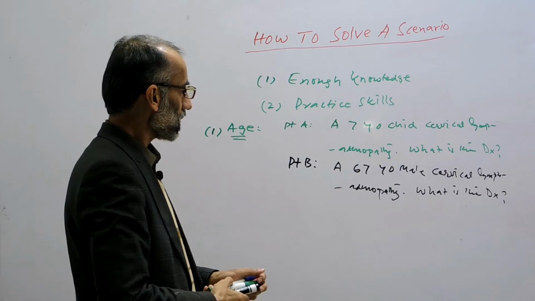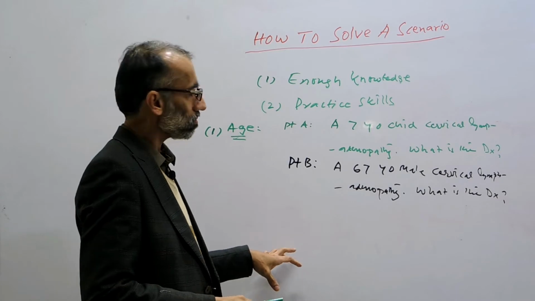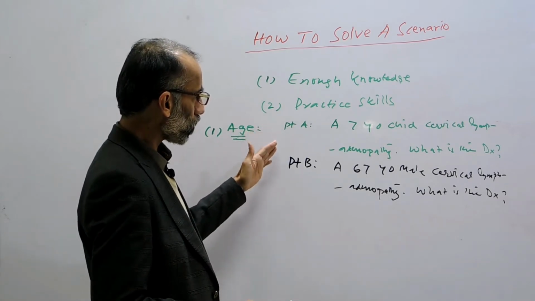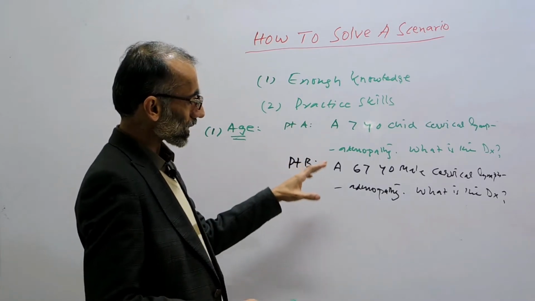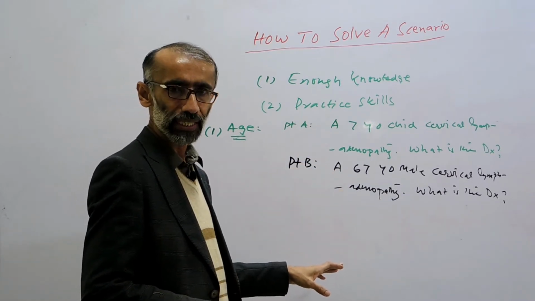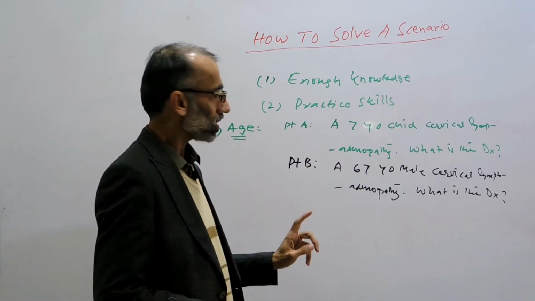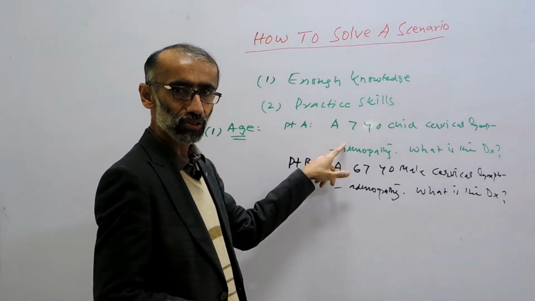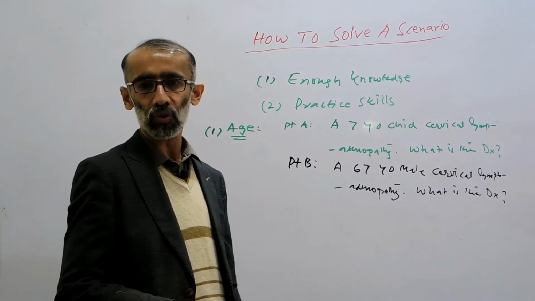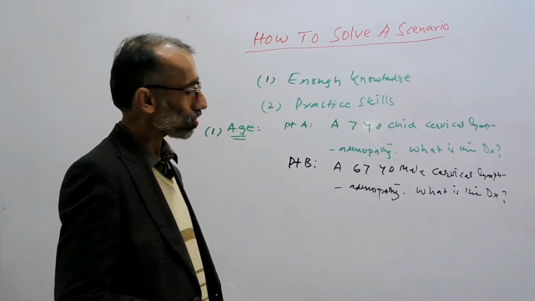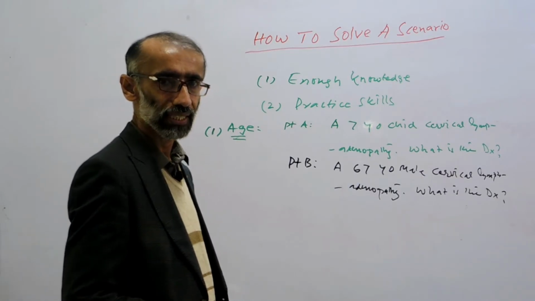Here, presentation is the same for both patient A and patient B. Both presented with cervical lymphadenopathy, but there is a difference of age. Patient A is 7-year-old and patient B is 67-year-old. So there will be a difference in the diagnosis.